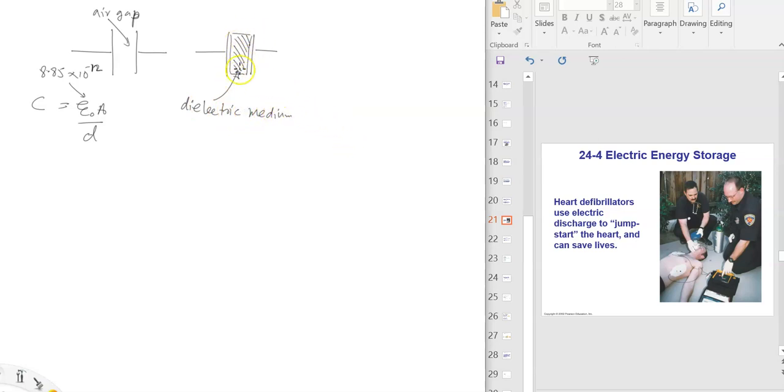This has several advantages. I mean, this is an insulating medium. It's not a conductor. It opposes the electric current going through it, increases the resistance, if you like. This has other advantages. So the main advantage is increased capacitance.